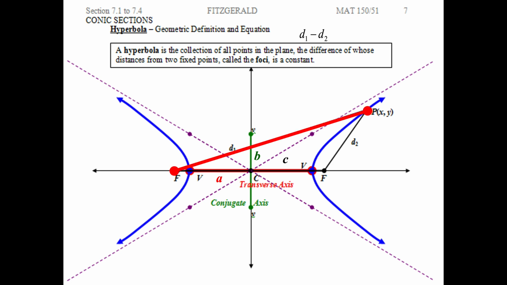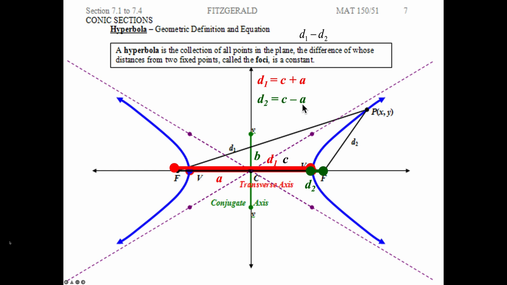So to find D1 minus D2, we're going to do the same thing and move the point P down to the vertex. So focus to vertex: focus to center will be C, and center to vertex will be A. So that's the length of D1. D2 is going to be C minus A, just like we had in the ellipse.